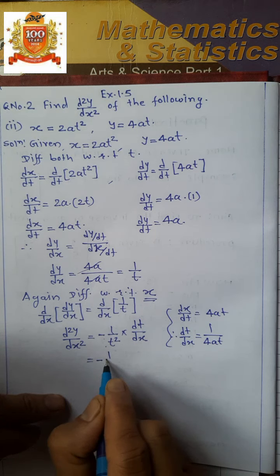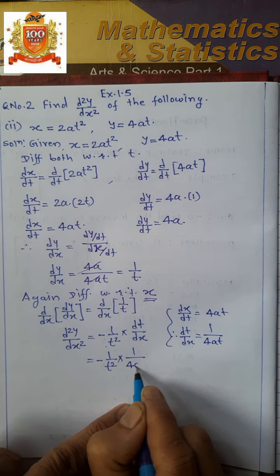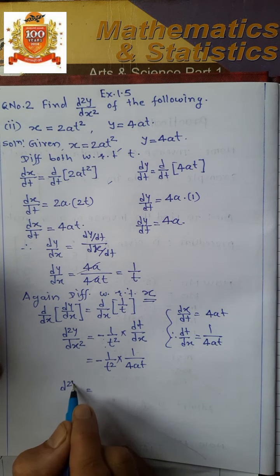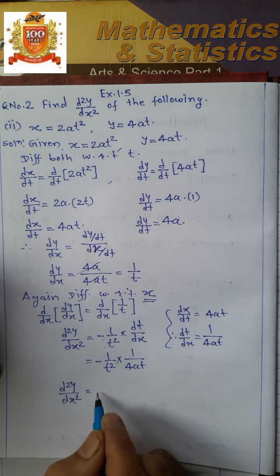Therefore, minus 1 upon t square into 1 upon 4at, which is equal to, therefore, d2y by dx square is equal to minus 1 upon 4a into t square into t, means t cube, isn't it? In this way, we can get the answer of the second question, isn't it? Let us see problem number 4.